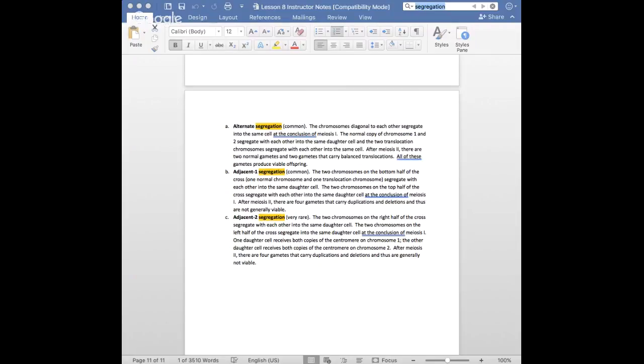So that's going to be the MNOGH centromere IJKL, and then MNOP centromere QRST. And then in the adjacent 2 segregation, the gametes, we're going to have one daughter cell with chromosome 4 and 2 in it, and then the other daughter cell is going to have chromosome 3 and chromosome 1 inside of it.